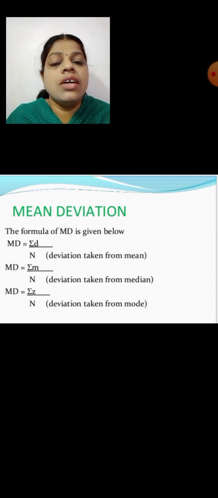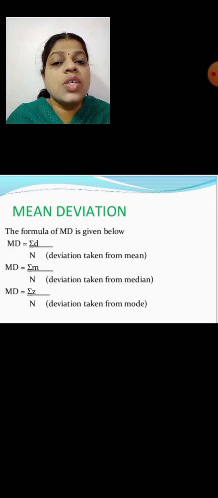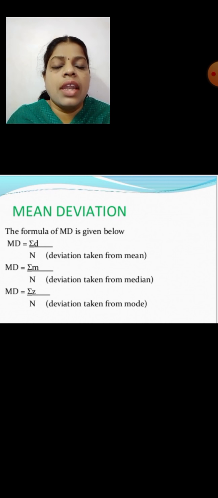While studying the arithmetic mean, we learned D equals X minus A. We have to find the assumed mean and take the value of the variable minus the assumed mean, divided by N, that is, the total number of values.